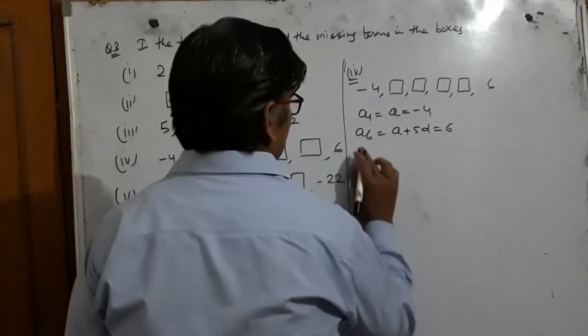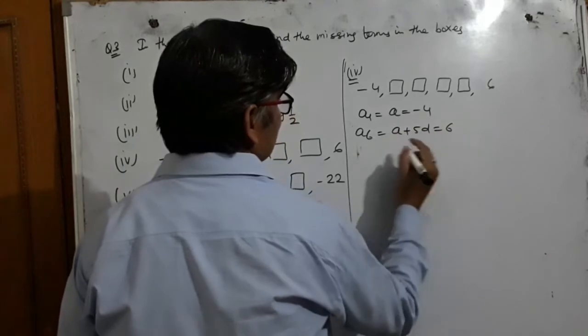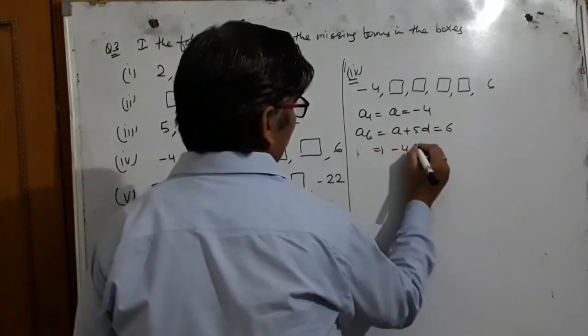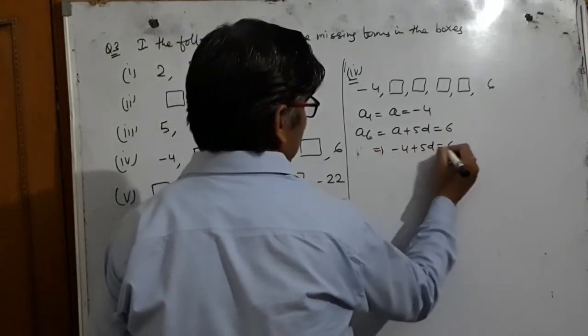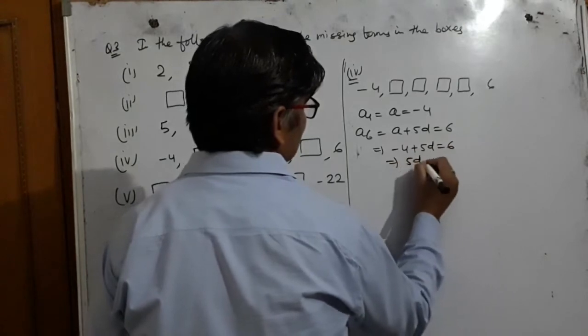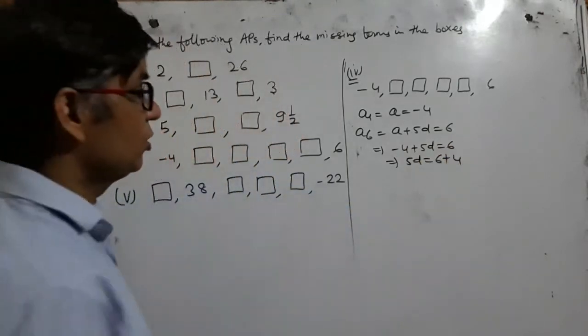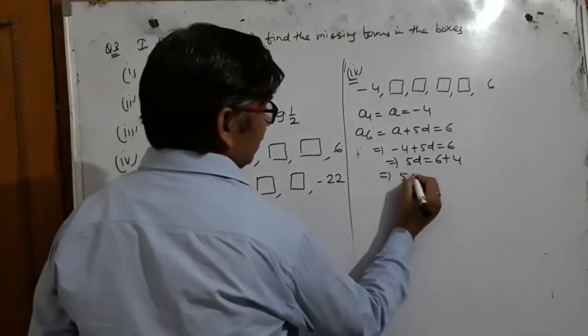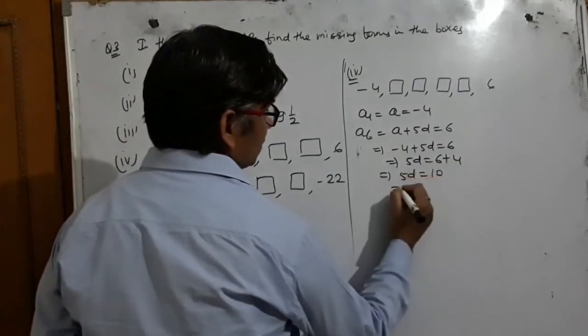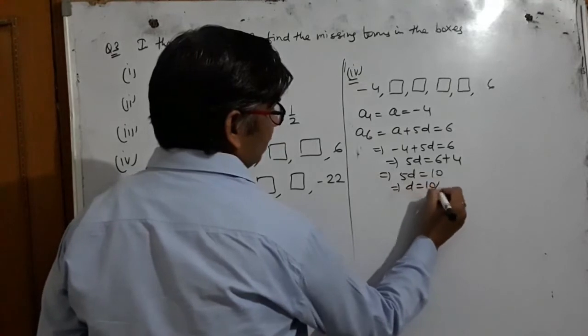Placing A equals minus 4 in this equation, minus 4 plus 5D equals 6. So 5D equals 6 plus 4. Shifting minus 4 gives plus 4, so 5D equals 10. So D equals 10 upon 5, that is 2.